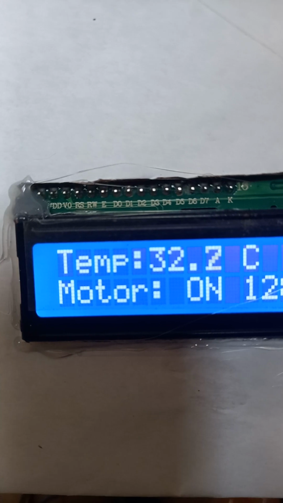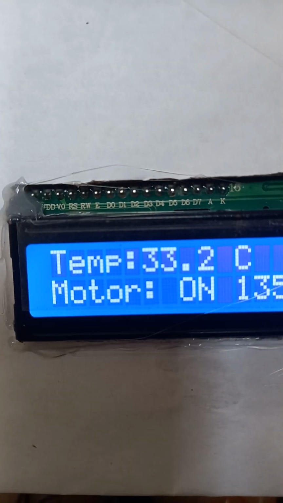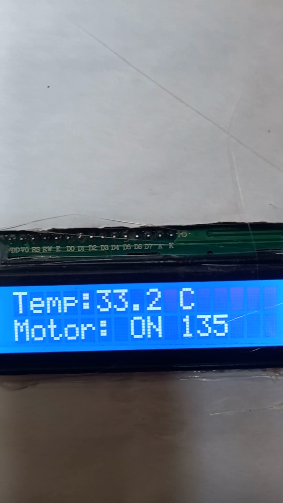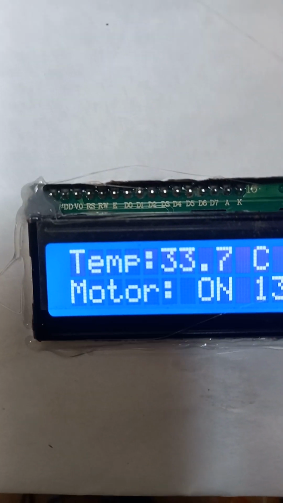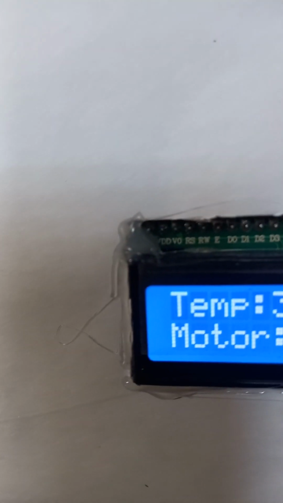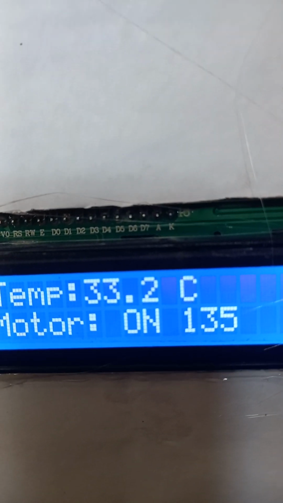As you can see, the temperature is increasing, 33, and the speed of the motor is also increasing. Now it's 135 revolutions per minute, as you can see up here. I don't know if you can see it. The motor is on. The revolution has also increased.